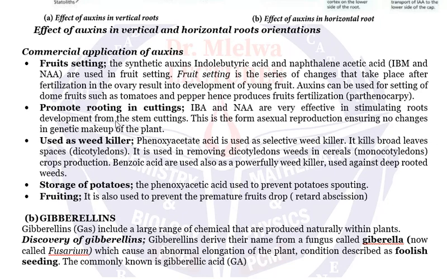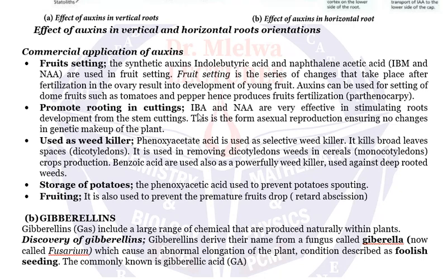Then another effect: they promote rooting in cuttings. This is a commercial use, because for some plants it is very difficult to get their seeds. But if we have auxins, we just cut a piece of a tree, and then we spray it or dip it into auxin, and after that we plant it, and it develops roots more easily.